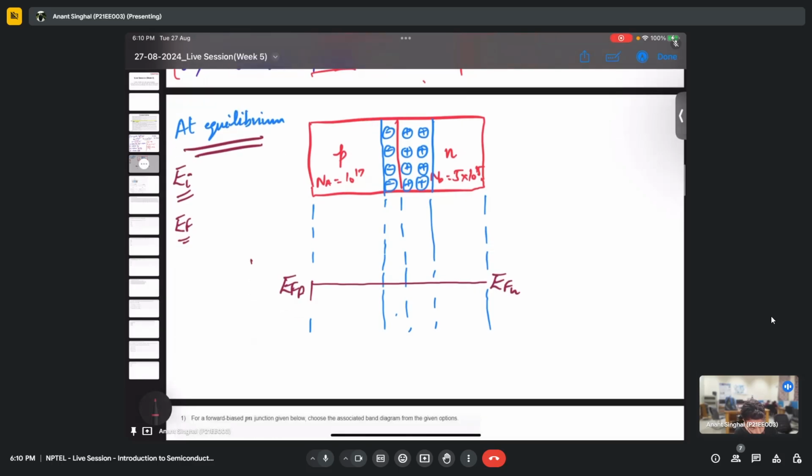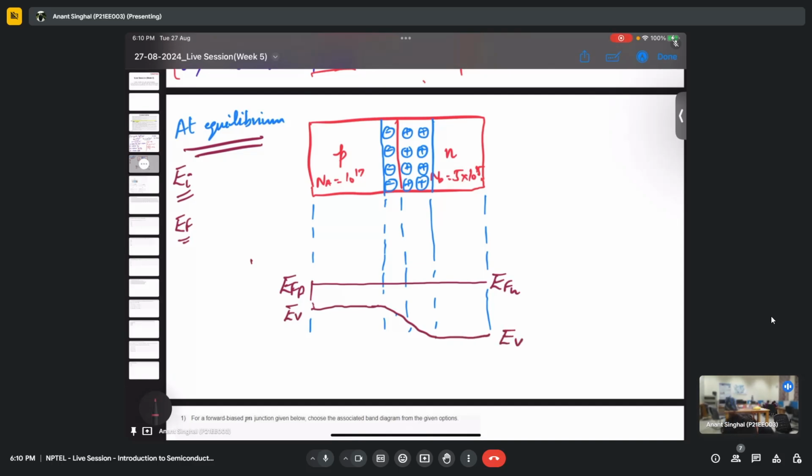And then we can go ahead with the same approach. We know that this is the P side and this is the N side. For the P side, the Fermi level will be nearer to the valence band, because it is a P type semiconductor.